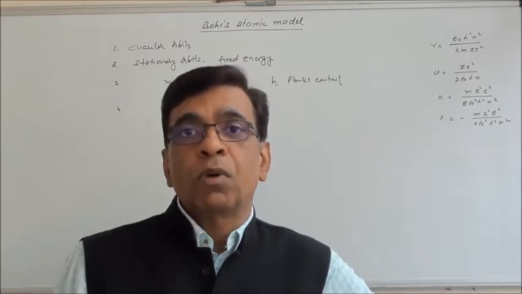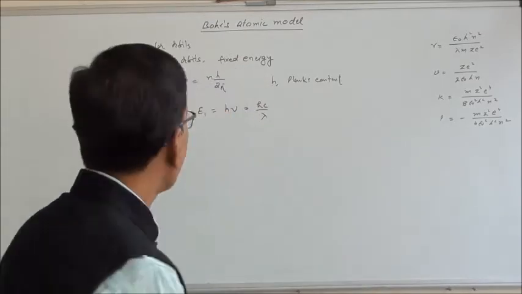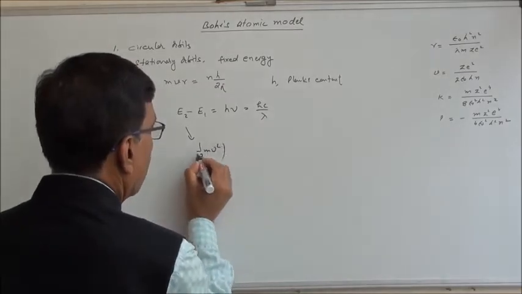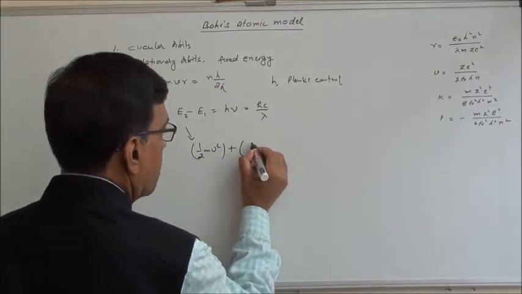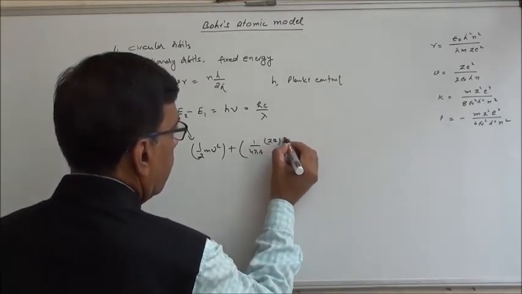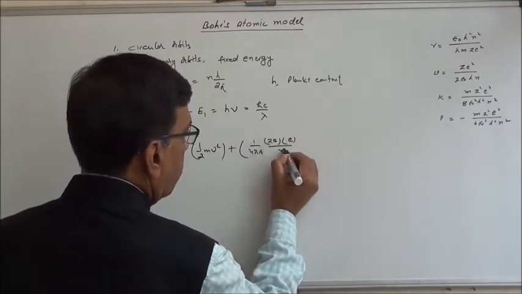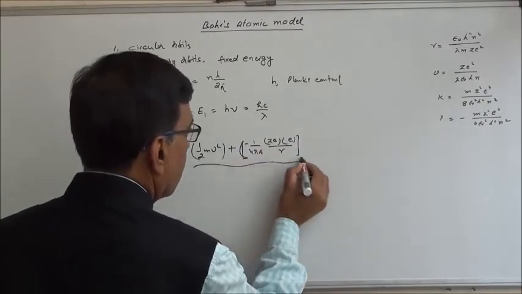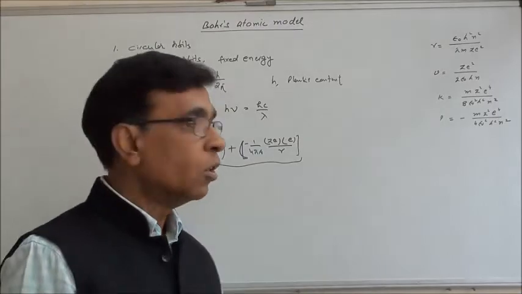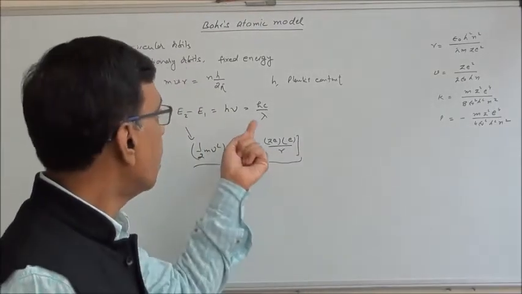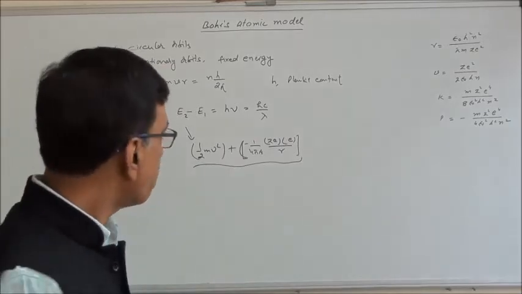So half mv square is the kinetic energy of the electron, plus the potential energy, minus 1 by 4 pi epsilon naught times Ze into e upon r, Q1 Q2 by r with a minus sign because it is an attractive force. This is the total energy of the electron. So we can calculate E2 minus E1 and then find out lambda.